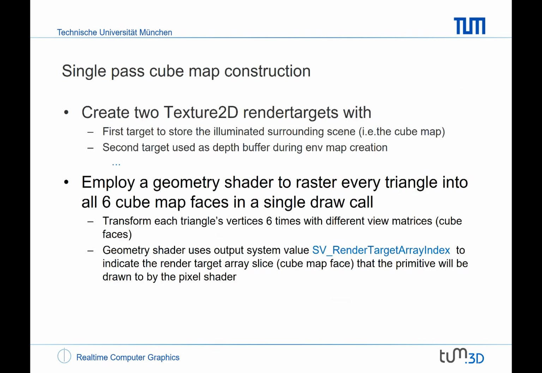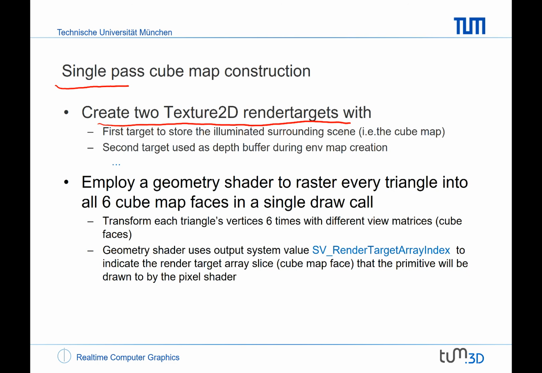How can the cube map be constructed using the rasterization-based rendering pipeline? That is done in a single pass approach, meaning we only have to render the scene once to construct the cube maps. First of all, we create two Texture2D render targets. Why do we need two?